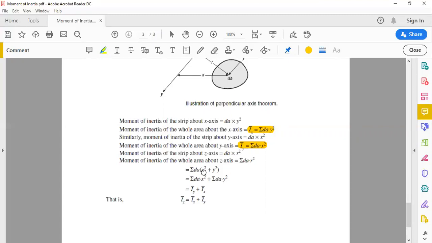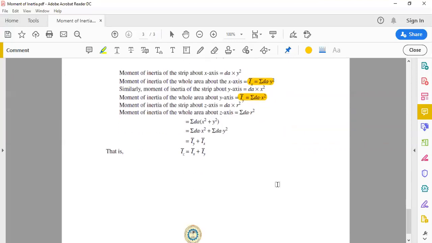Here we consider a right angle triangle like this.